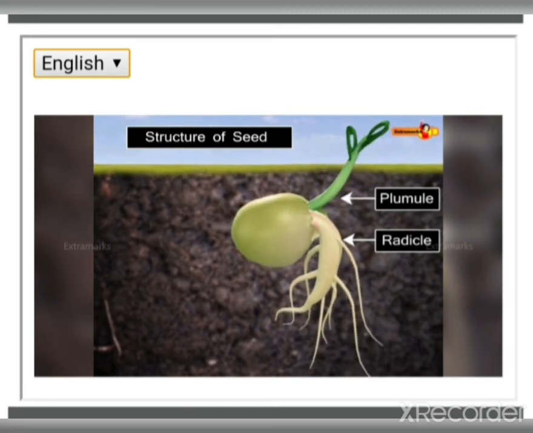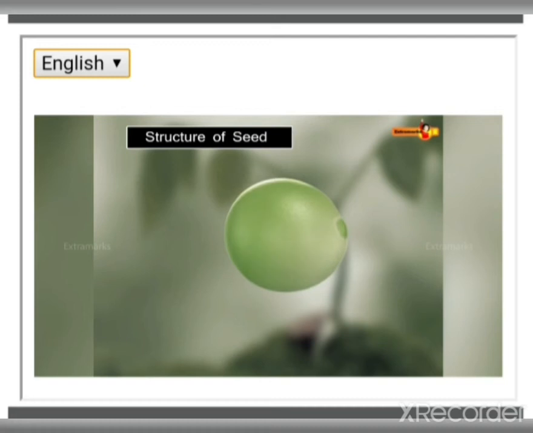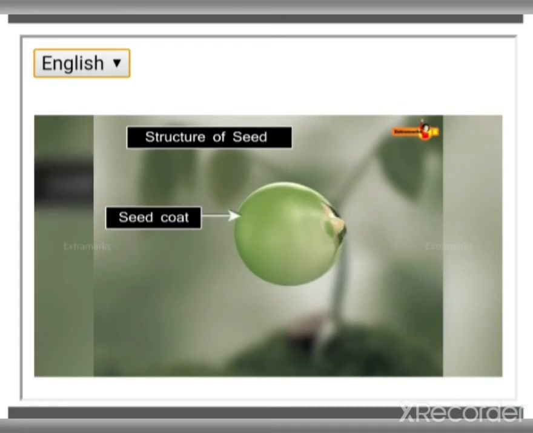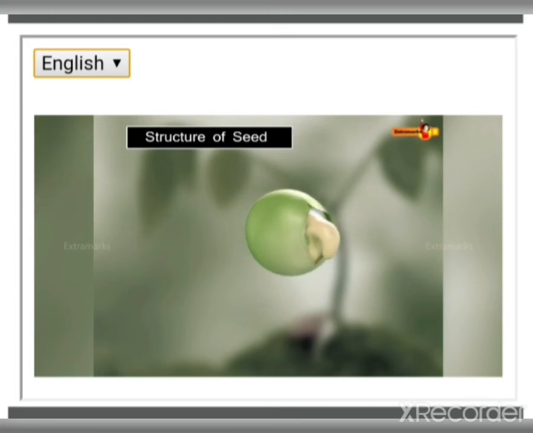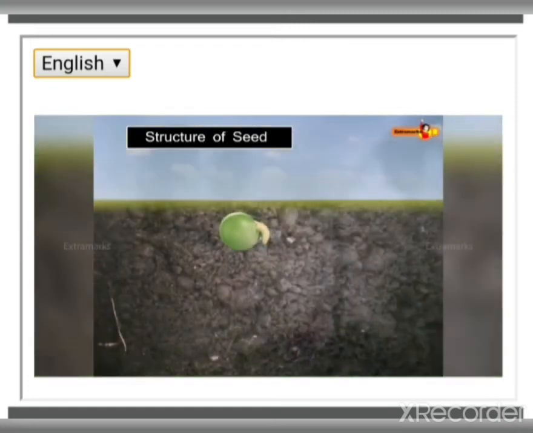Plumule is the embryonic shoot, while radicle is the embryonic root. The protective hard outer covering of a seed is known as seed coat or testa. The tiny opening in the seed coat is called micropyle, that helps in the absorption of water to facilitate germination.